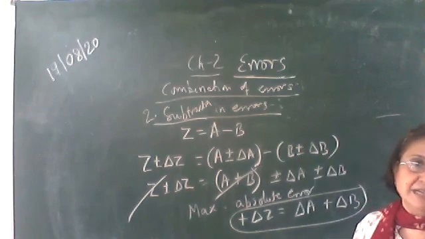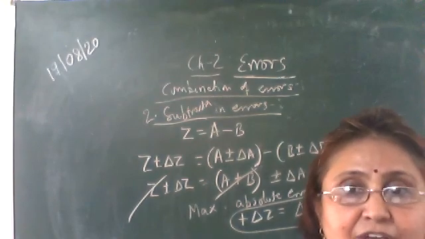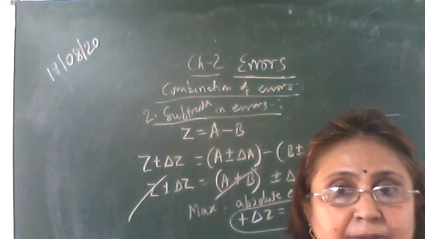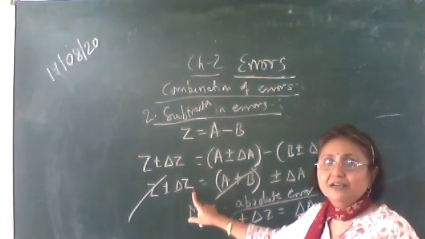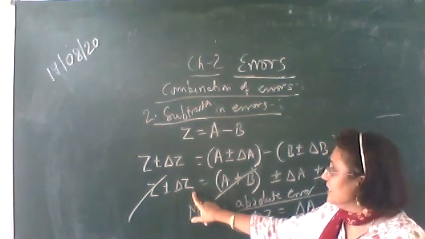Z plus minus delta Z. Why? Because we are subtracting measured values, so there will be some error in the difference, which is plus minus delta Z.